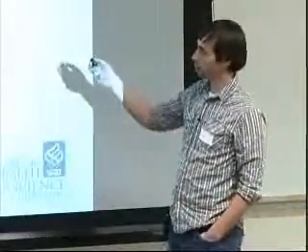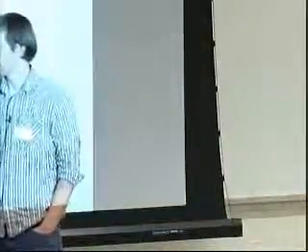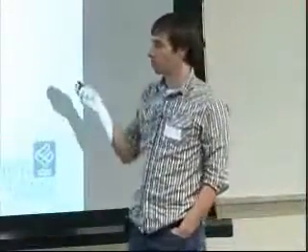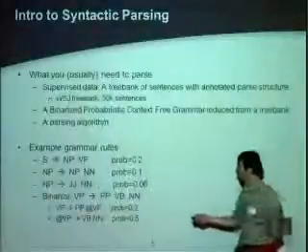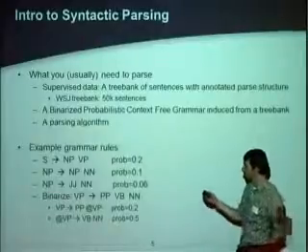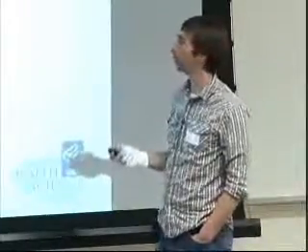An example of some of these grammar rules might be S goes to NP VP. That's a sentence non-terminal goes to a noun phrase and a verb phrase with some probability. We also want to make sure the grammar is binarized, which means if you have more than two non-terminals on the right-hand side, you can decompose it into a few more rules such that all of the rules you have are binary.